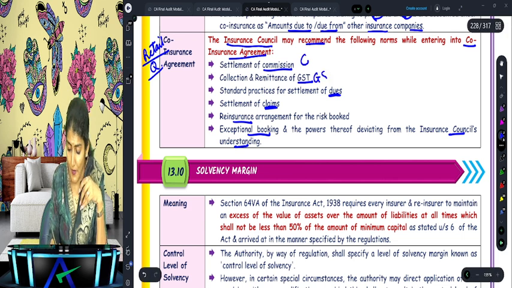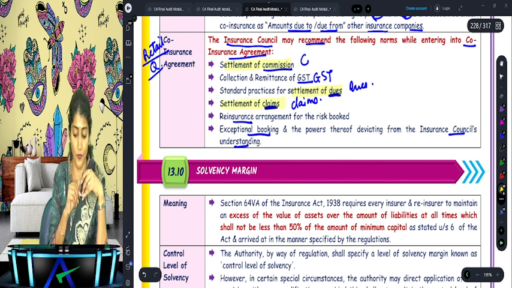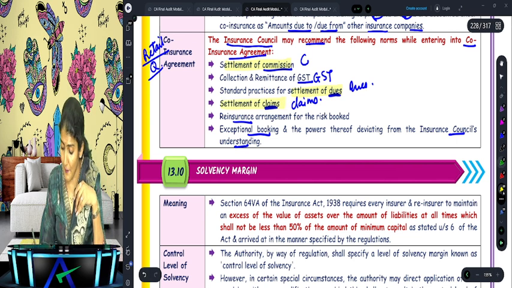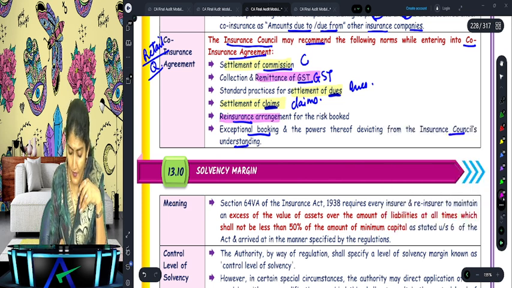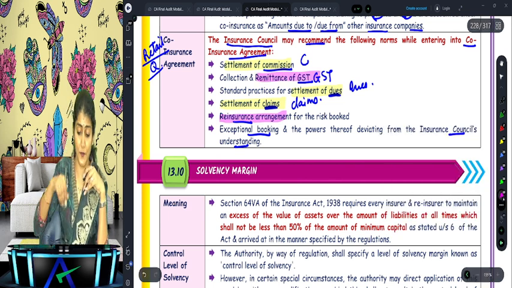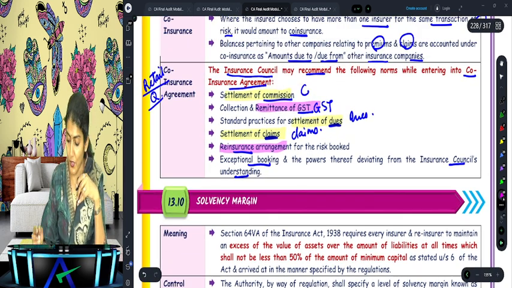Who will do the payment of the GST? Who will do the payment of the dues? Who will do the settlement of the claims, right? So they are talking about the settlement of commission, settlement of dues, settlement of claims, right? Then after that, the remittance of the GST and the reinsurance arrangement and the exceptional booking and the powers thereof. Right, so that is the co-insurance agreement. Are you understanding that? Okay.